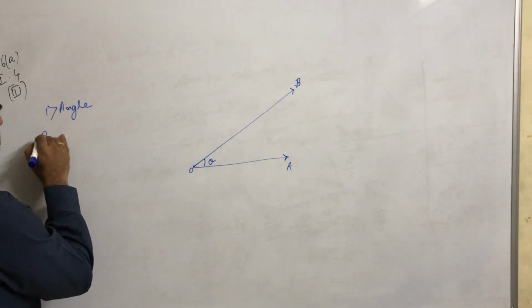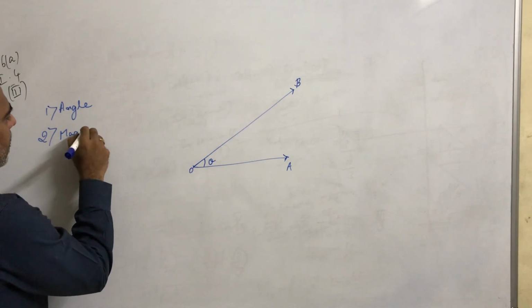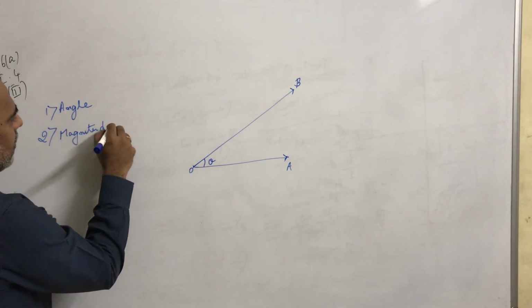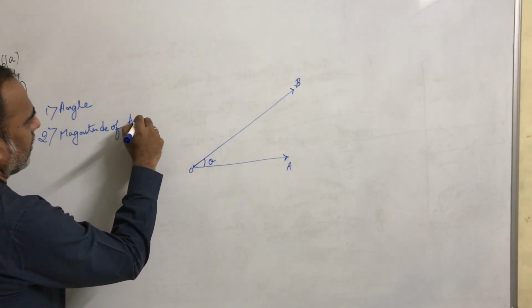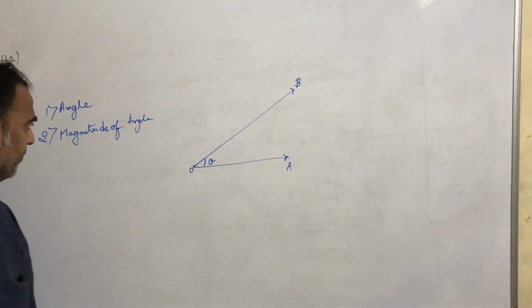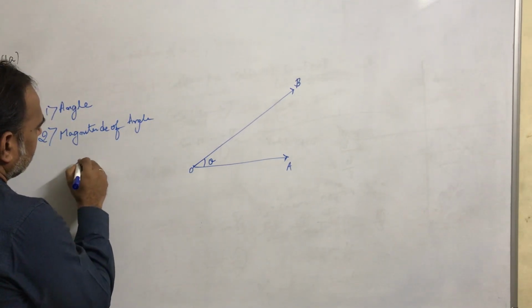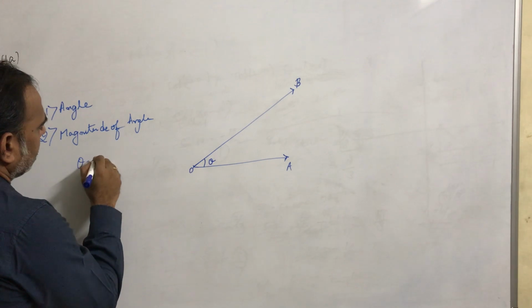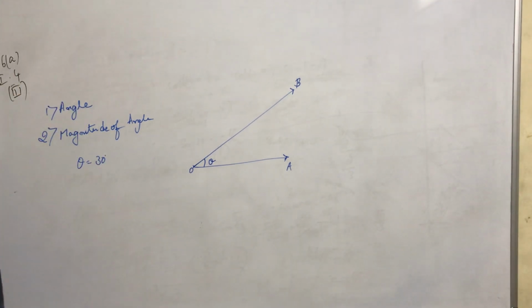Okay, next thing is, what is the magnitude of the angle? Magnitude of the angle is defined as, let us say theta is equal to 30. What is the meaning of theta equal to 30?